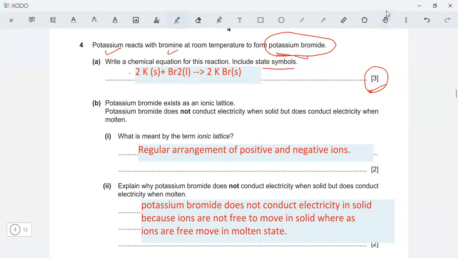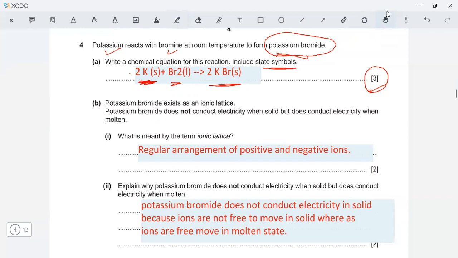So what is a state symbol? State symbol means how it seems to be physically. It can be solid or liquid or gas. That is going to be the state symbol. So here we know potassium reacts with bromine to produce potassium bromide. Potassium is a metal, found in the solid state, so write a small s in brackets. That's the state symbol for potassium.